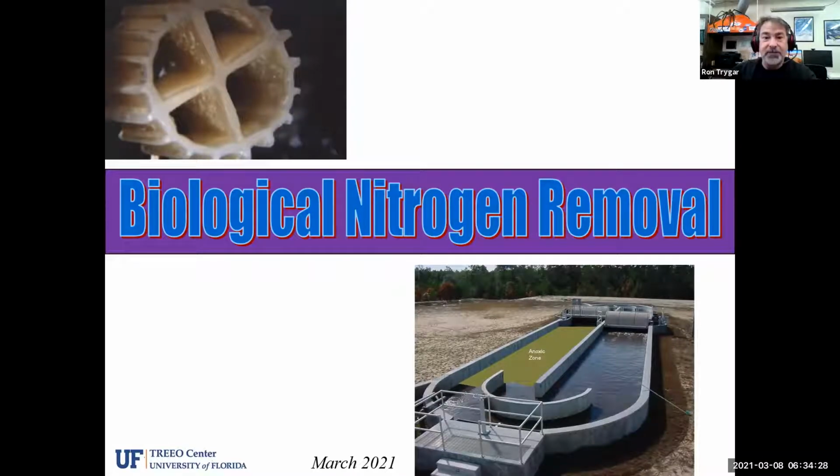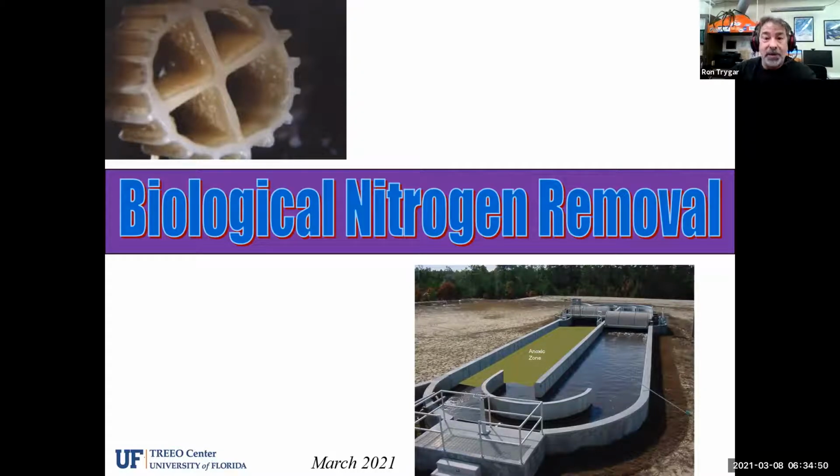So we're going to cover the basics of it. We're going to get into the different bacteria that are specialized that do this and their needs, and things that get those bacteria a little bit upset, maybe cause them to slow down a little bit, maybe inhibit them from operating properly, or maybe inhibit them from operating at all, which causes us plant operational problems.